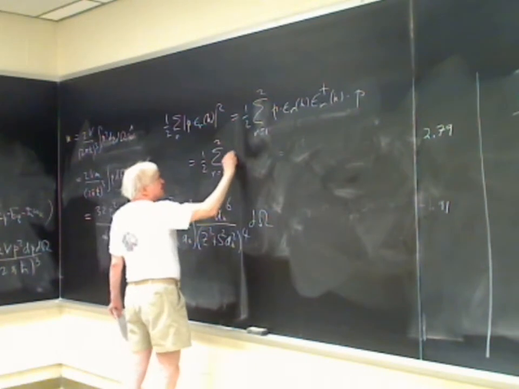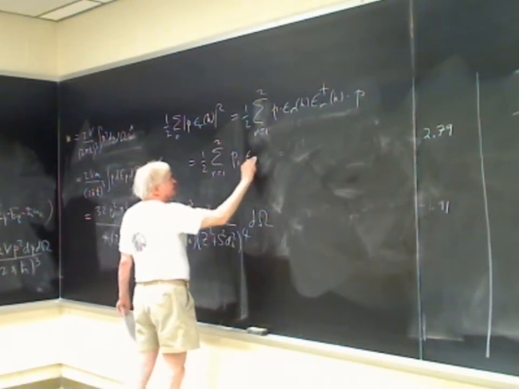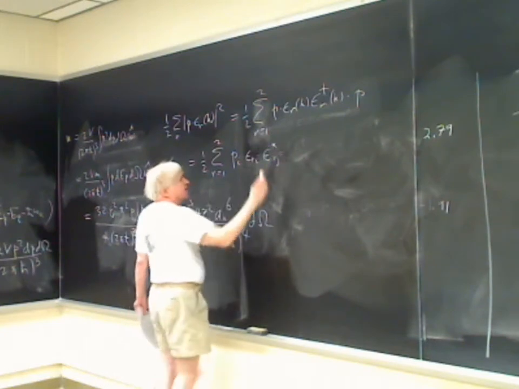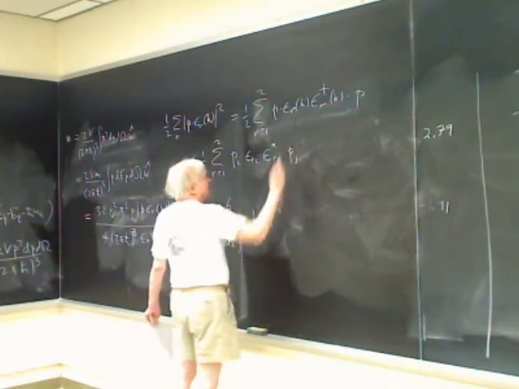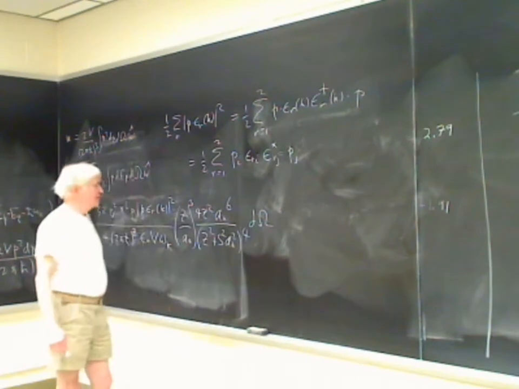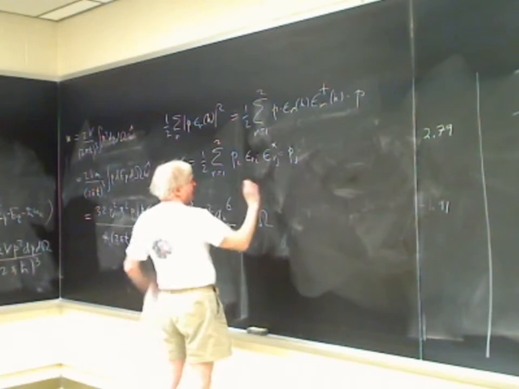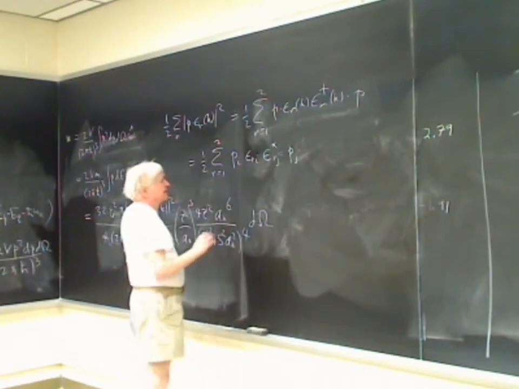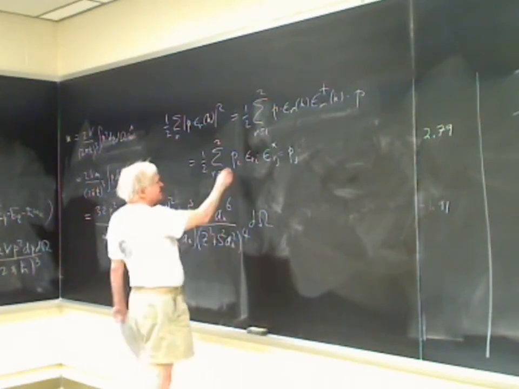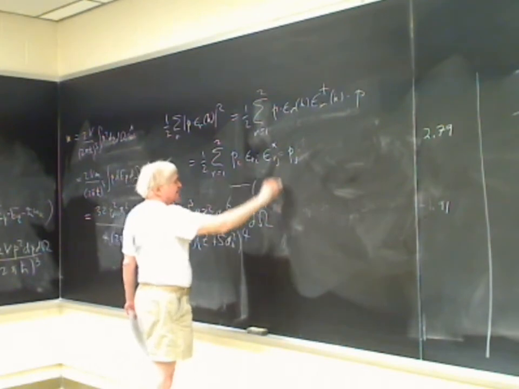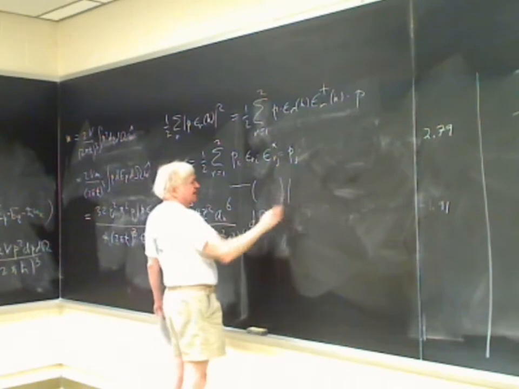This is p_i ε_Ri ε_Rj* p_j. This is a row vector, this thing is a matrix, and this is a column vector.